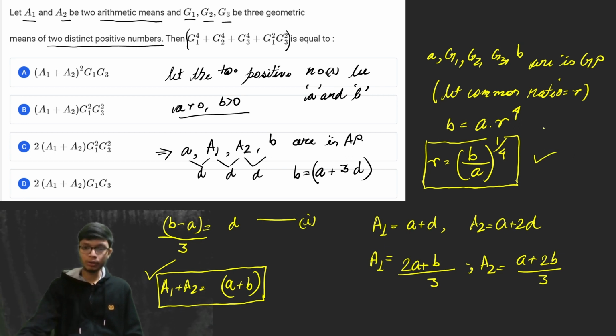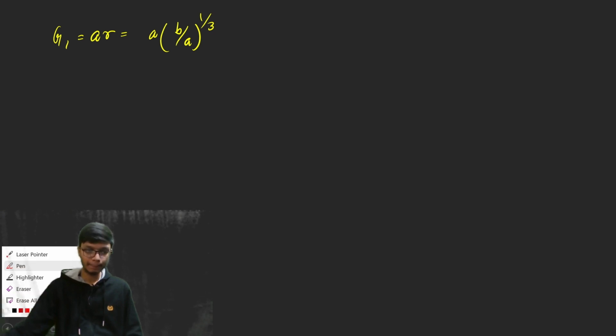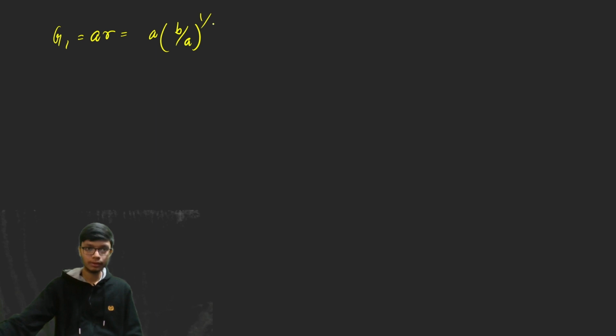Now I will find the value of G1, which is equal to A into R. If you compute this, it is A into (B by A) whole raised to the power 1 by 4, and if you compute this result it will be equal to (A cubed B) whole raised to the power 1 by 4.